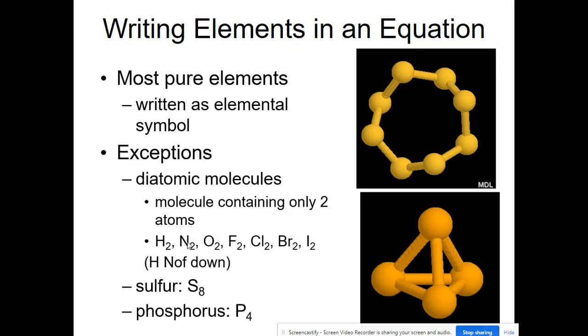So that's hydrogen, nitrogen, oxygen, fluorine, chlorine, bromine, and iodine. That is only when they are by themselves. Another exception, which we haven't gone over, is sulfur, which is generally S8 when it's by itself, so it's a ring. And then phosphorus, which when it's by itself is P4. So I expect you to be able to recognize these exceptions and to write them in the correct manner when you see them in a chemical equation.